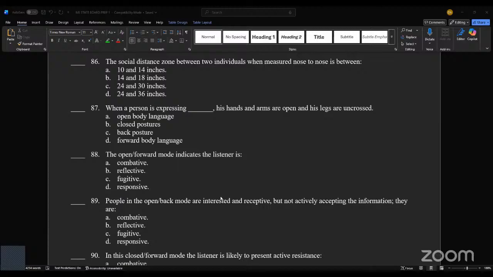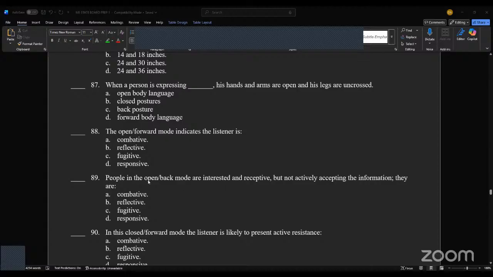89. People in the open back mode are interested and receptive, but not actively accepting the information. They are reflective. So they're bringing it in, but they're only pulling the information in to kind of figure it out.